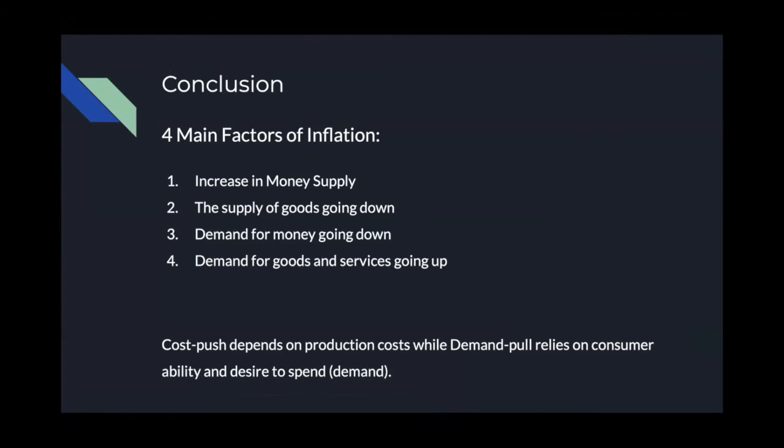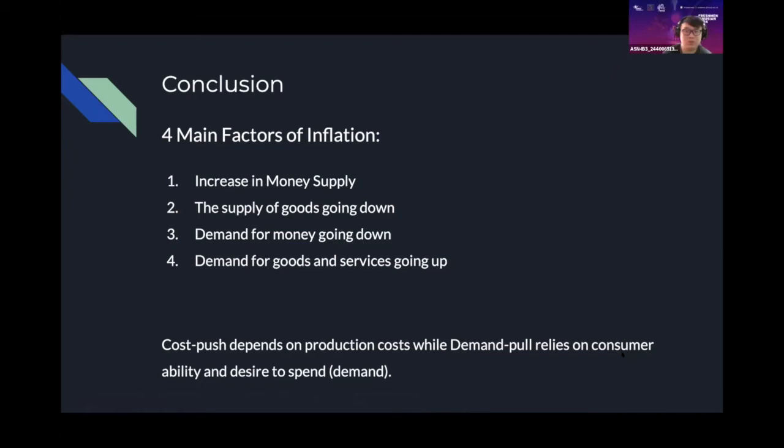The conclusion that we came to for the causes of inflation. The first one is the increase in money. People had more money, or the country suddenly printed more money. The supply of goods goes down, suddenly medical supplies are scarce, like face masks at the beginning of Corona. And demand for money goes down because money is less valuable, so people don't really need money; they need other assets.